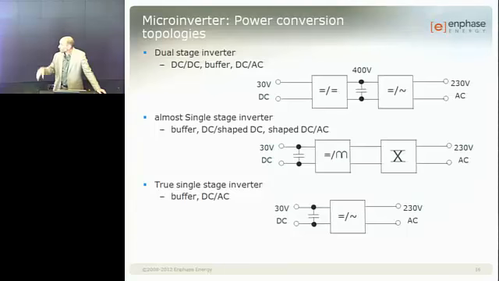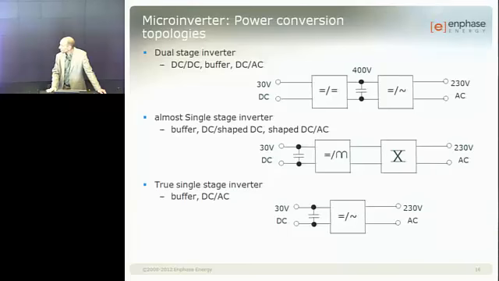The capacitor there is an energy storage means. And then you have a very simple, usually two-leg four-switch voltage source inverter on the output that takes that 400 volt DC and makes 230 volt AC out of it. Fairly simple, easy to control.